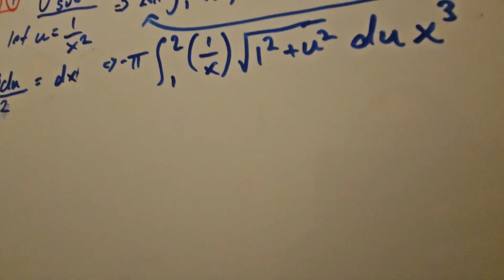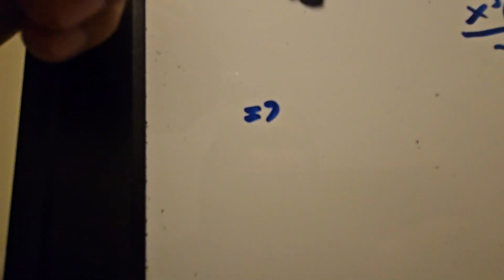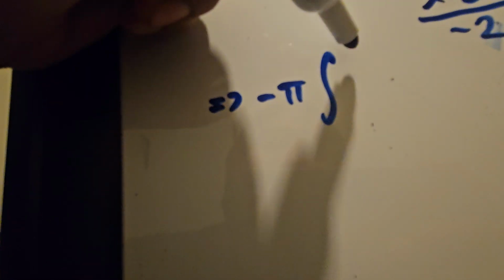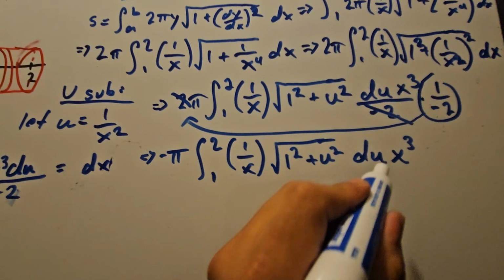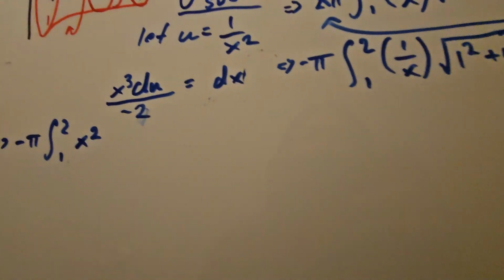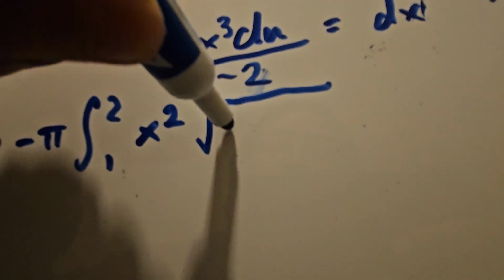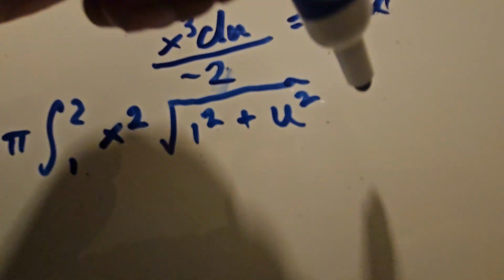So let's rewrite our integral. We got negative pi, integral from 2 to 1 of x squared. Remember, there's an x at the bottom and an x at the top. Cancel, cancel. That will give us x squared over 1 squared plus u squared du.